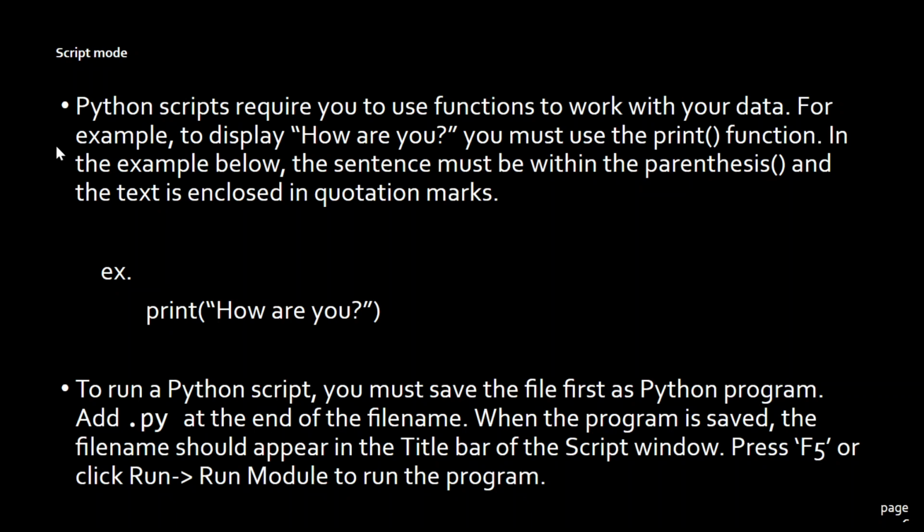The text print, open and close parentheses: in the example below, you will find the sentence must be within the parentheses, and if you want the text to appear, it has to be in quotation marks. To tell you in advance, there's a purpose for that: it formats the text into what we call string data or a string value. So please don't forget about that.